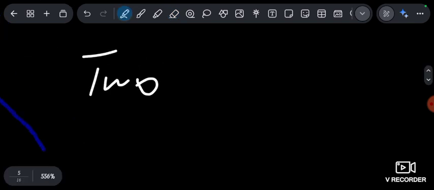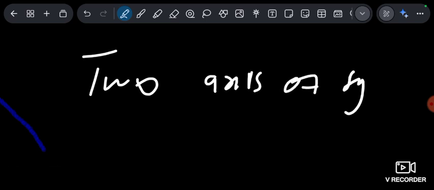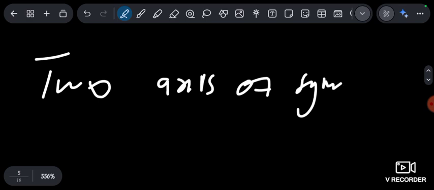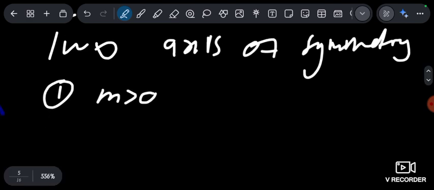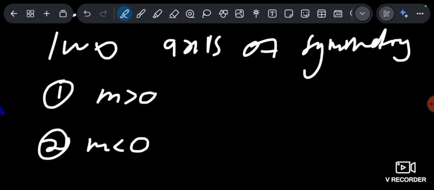We have 2 axes of symmetry, which are lines that divide the graph into 2. We have one where the gradient is positive, and then number 2 where the gradient is negative. But what you must take note of is that their gradient is always 1, and for this one, because it's negative, its gradient must be negative 1.